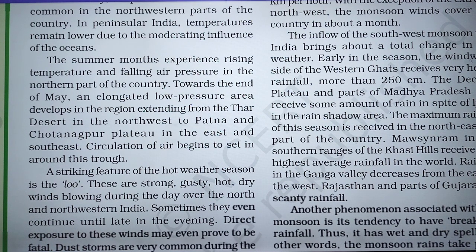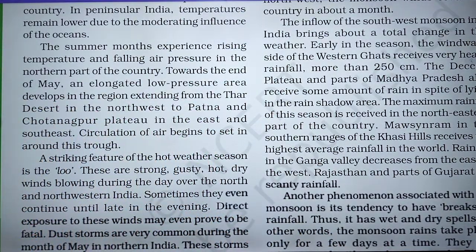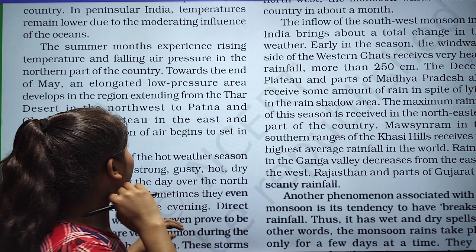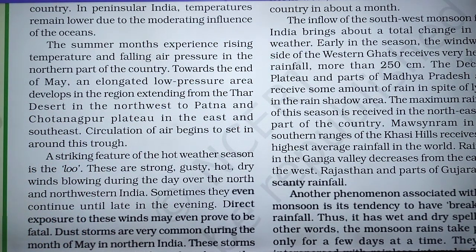In the end of May, an elongated low pressure area develops, extending from the Thar Desert in the northwest to Patna and the Chota Nagpur plateau.